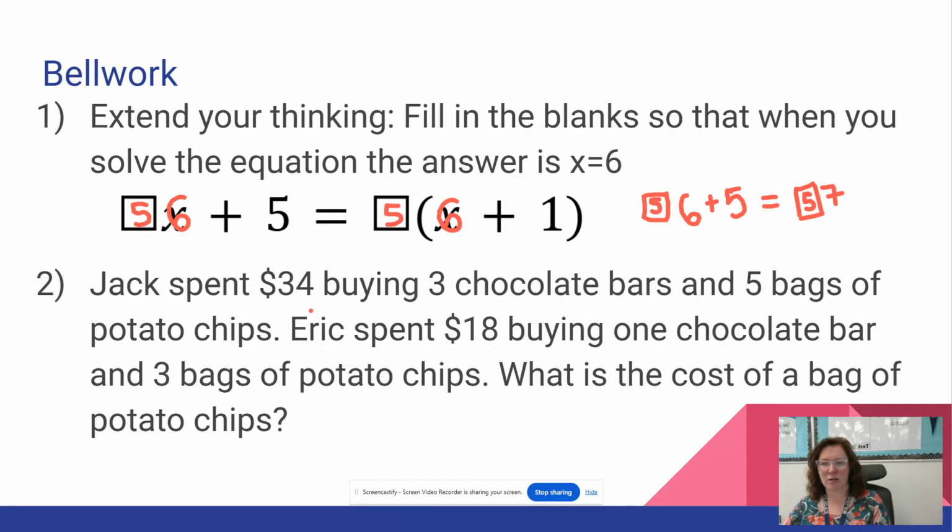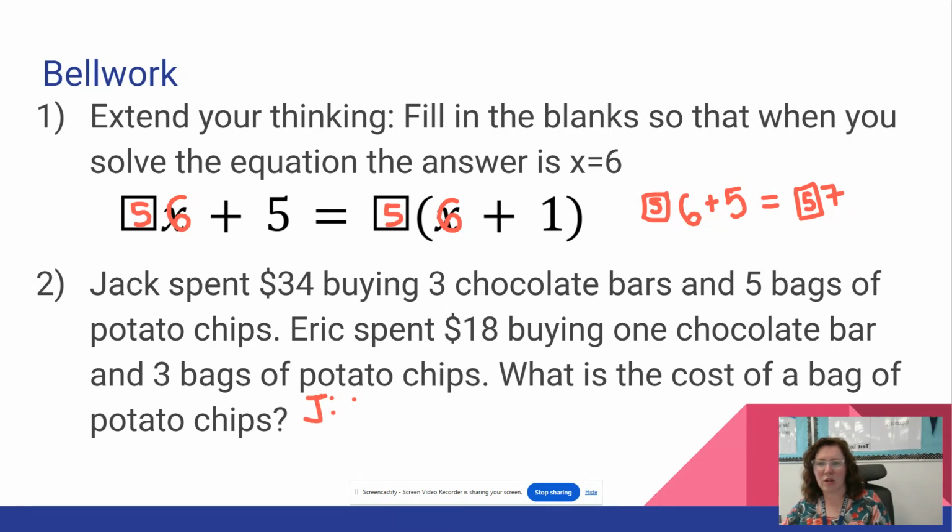Jack spent $34 buying 3 chocolate bars and 5 bags of potato chips. Eric spent $18 buying 1 chocolate bar and 3 bags of potato chips. What is the cost of a bag of potato chips? Well, let's just do Jack.